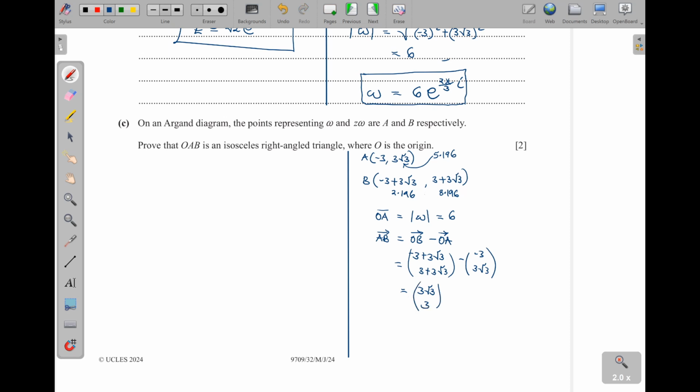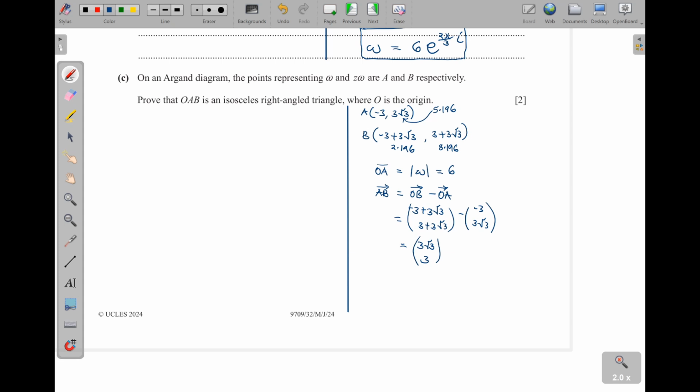If we try to get the length of AB, it is going to be the square root of 3 root of 3 squared plus 3 squared. So this is 27 plus 9, that gives you 36, so root of 36 gives you 6.